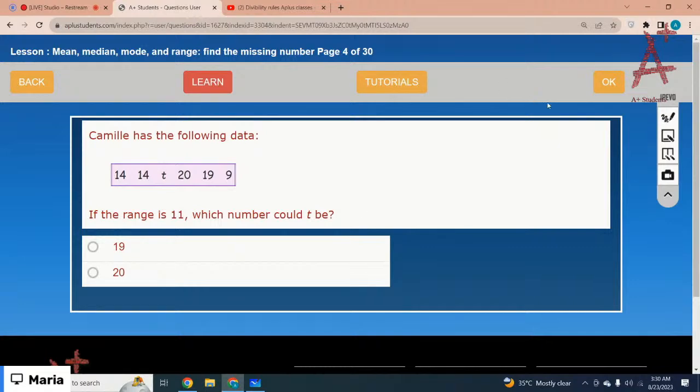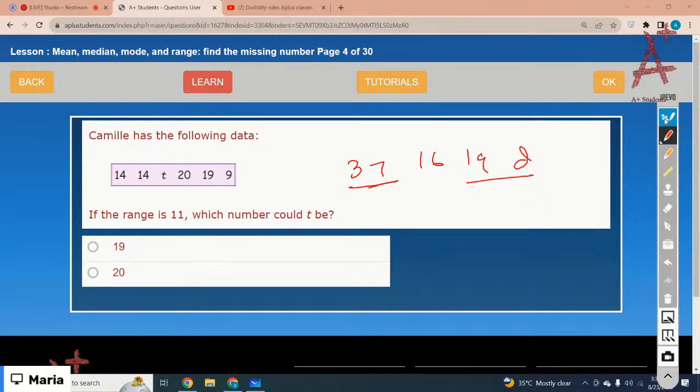Yes, it must be 19 because the range is 11. 11 means the difference between the greatest and the smallest number.